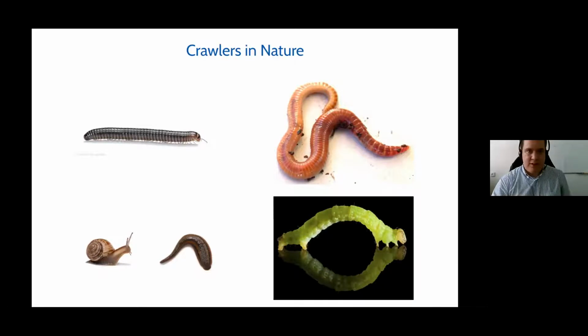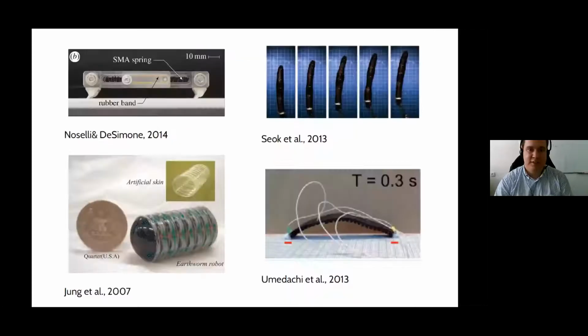There are some differences in strategy. In the last decade, 15 years, this has been imitated also by engineers with a lot of robotic replicas imitating all these strategies. So you see some more earthworm-like, some other more inchworm-like.